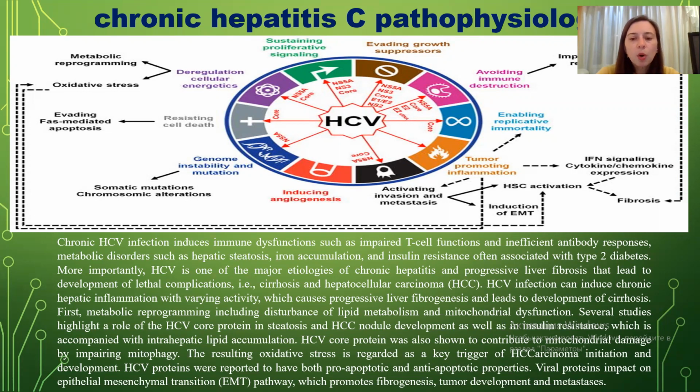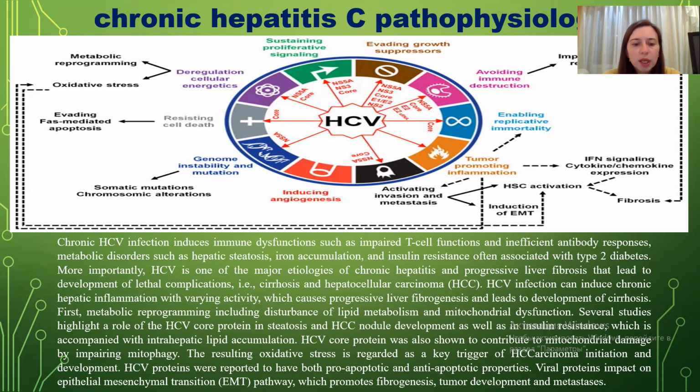Hepatitis C core protein was also shown to contribute to mitochondrial damage by impairing mitophagy. The resulting oxidative stress is regarded as a key trigger of carcinoma initiation and development.